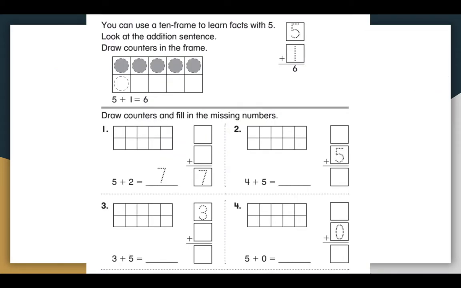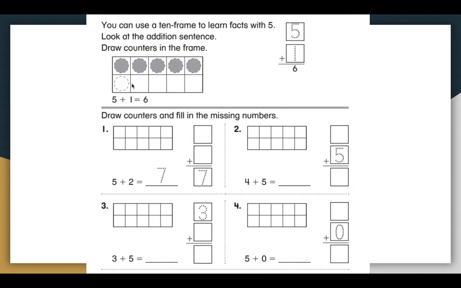Let's take a look at your job to show that you have understanding of using a tens frame and counting on. Here we have our work for today. We're going to be using the tens frame to help yourself learn facts with 5, and then also practicing writing the addition facts up and down like this. So you can see in the first example here, we have 5 plus 1. 5 was drawn first.